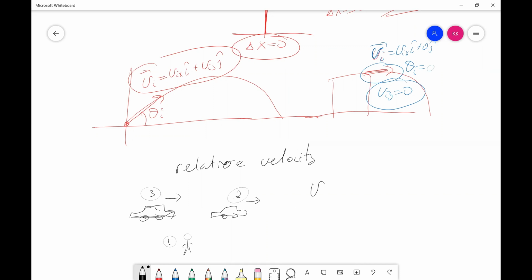Because velocity of 2 relative to 1 is not equal to velocity of 2 relative to 3. Because 1 is at rest relative to 2, but 3 is moving relative to 2. So their velocities will not agree because they have different relative velocities.